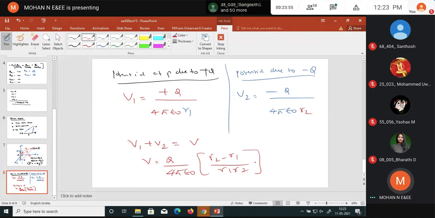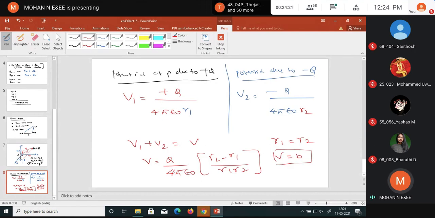If you further simplify it, you will get it like this. From this you can check that if R1 is equal to R2, then the potential is zero. That means it is assumed to be an infinity point, a reference point.